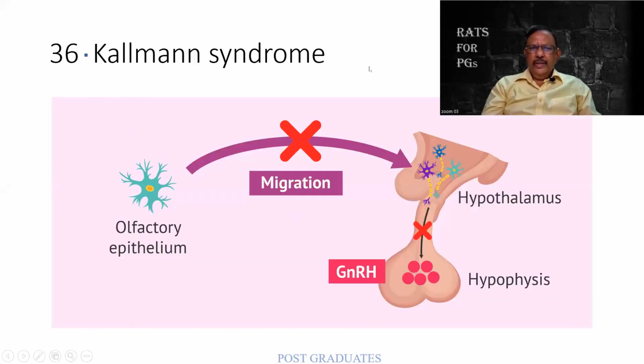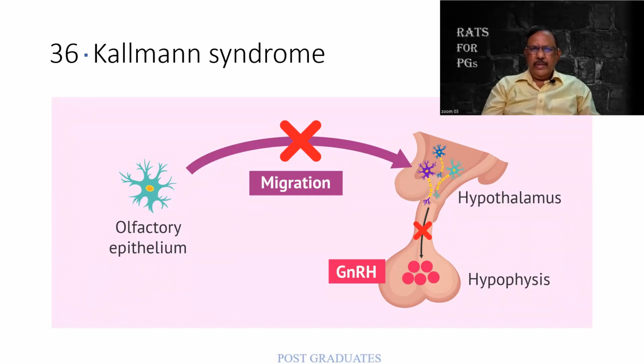An important thing, a Kallmann syndrome. I just gave it as an MCQ. Students are finding it difficult. There is a defect from the sense going from the olfactory epithelium to the hypothalamus. The migration is blocked. Also, you find that there is a diminished production of the gonadotrophin releasing hormone, and there will be an ultimate infertility.